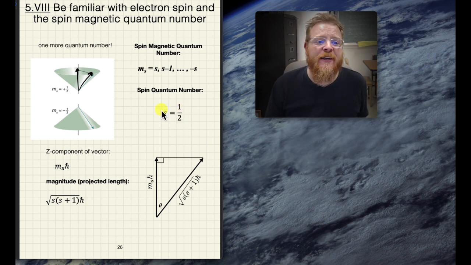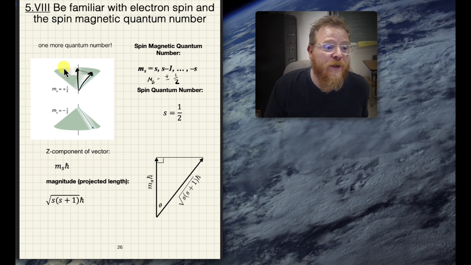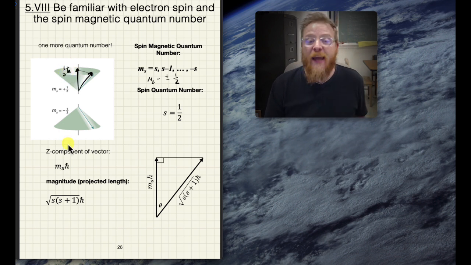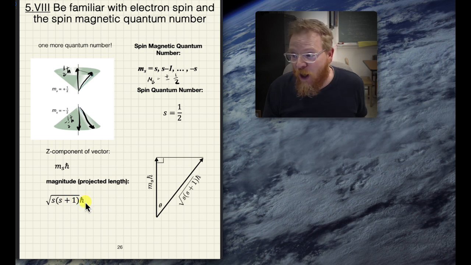What that means is my ms quantum number, because it goes s all the way down to minus s in unit integers, can only take on values plus or minus 1/2, right? And so the component on our z-axis for electrons is always going to be 1/2 h bar. In the case of spin down, that's negative 1/2 h bar. Now my overall magnitude is going to be given by the square root of s times s plus 1, times h bar.